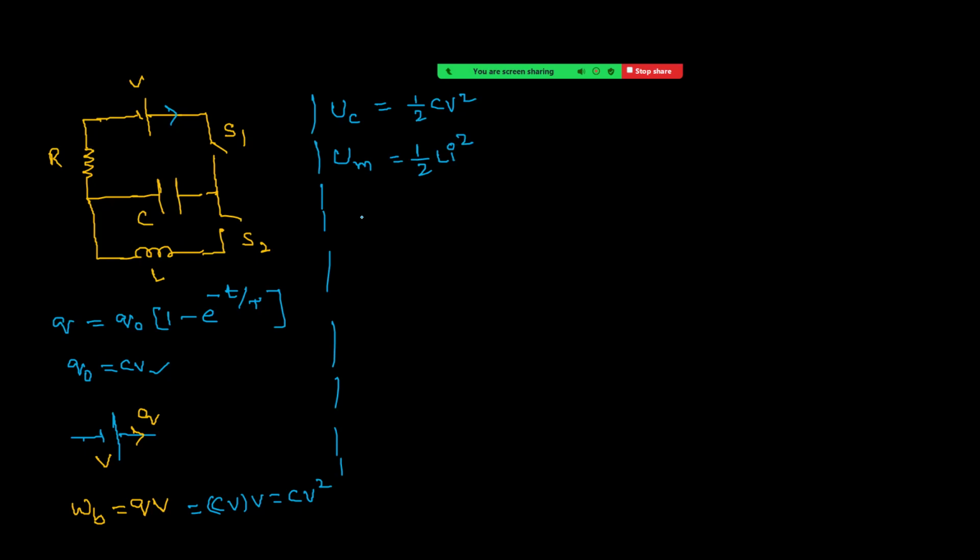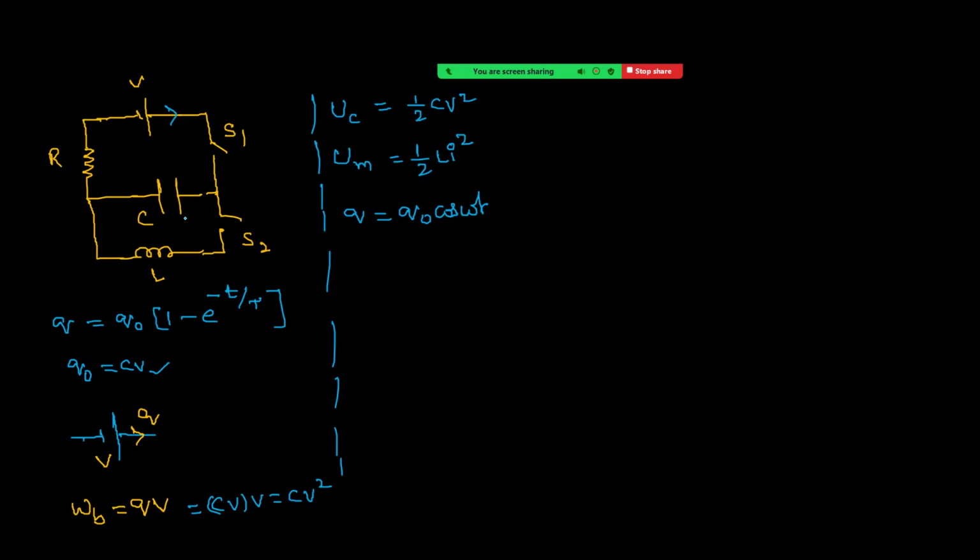And in case of LC oscillations, I can write the charge on capacitor as a function of time. That is Q equal to Q naught cos omega t. See why I have taken cos function here? Because when t equal to 0, this is open and this is closed.